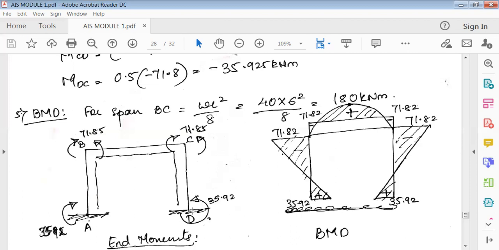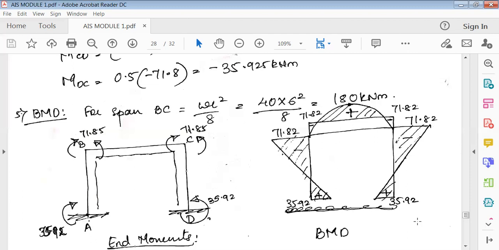If it is pushing it inside, obviously on this side it should push it outside to maintain equilibrium. So it pushes to the right side, by 71.82. Join these two, plus and minus. All these are minus and this is plus. Show the magnitudes here, 71.82 at all the points.